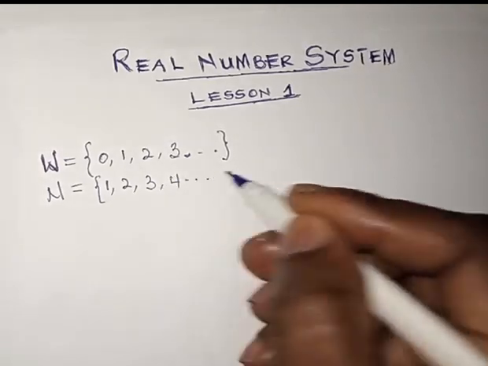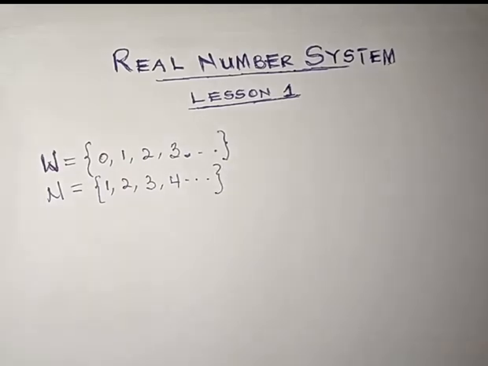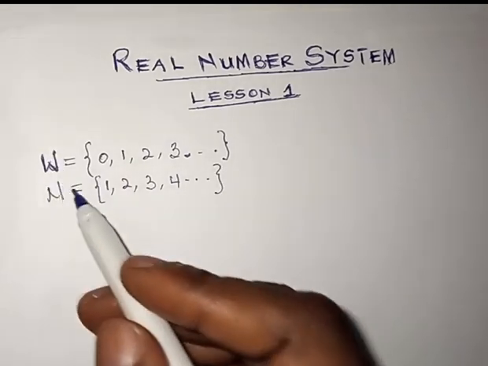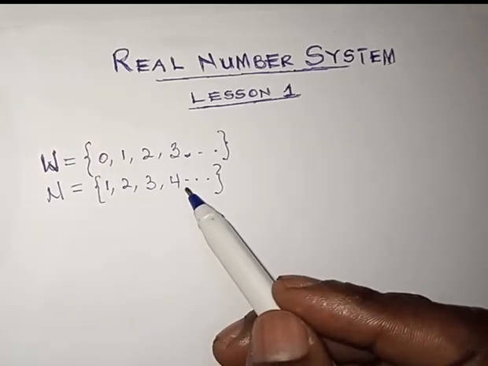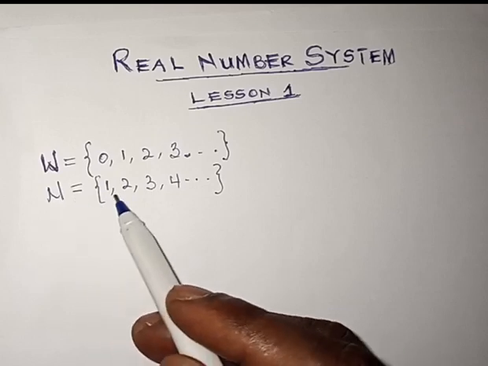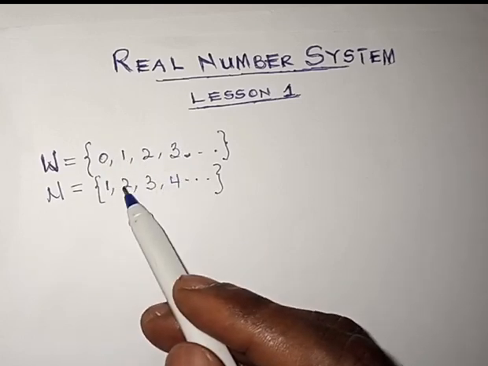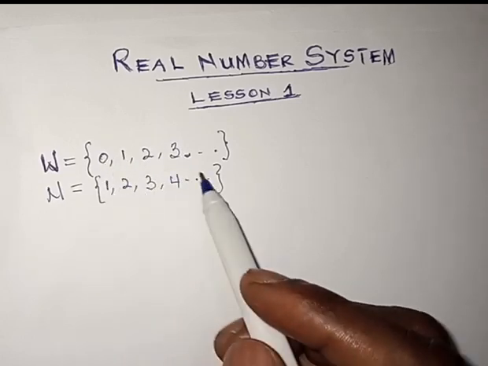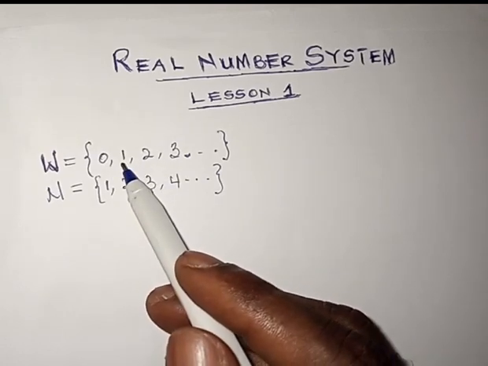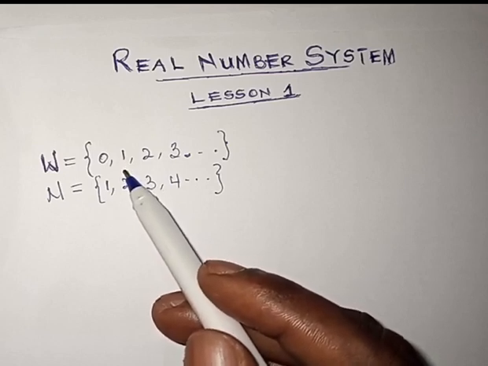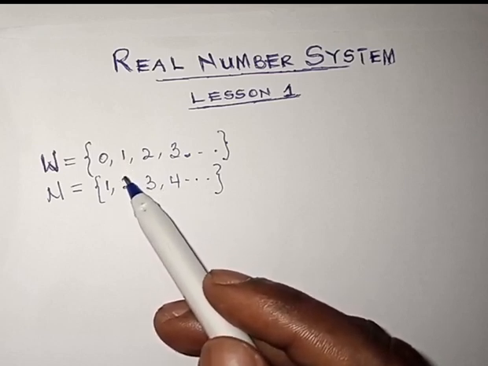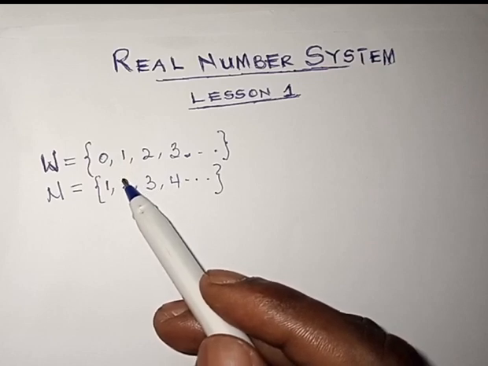Good. So these are whole numbers. If we have this, then we can probably say that natural numbers are a subset of what? Whole numbers, because we can get all natural numbers in whole numbers, but we can't get all whole numbers in natural numbers, because we have 0 in whole numbers, but we don't have 0 in natural numbers.